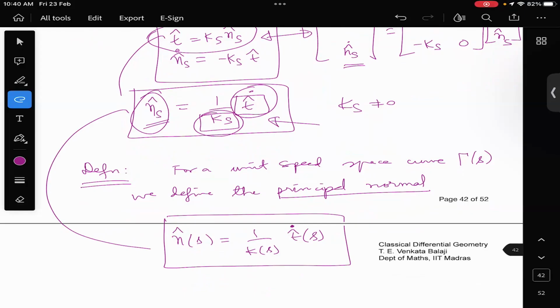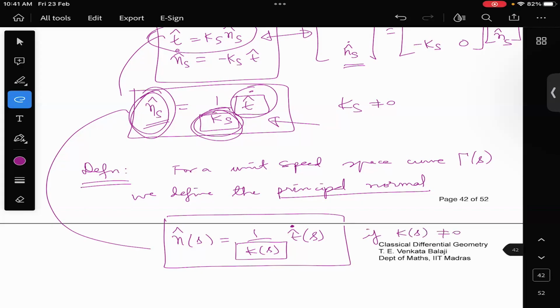Again, let me repeat, in the plane curve case you have n hat subscript S, which is the signed normal, and on the right side you have k_s, which is the signed curvature. When you go to the space curve case, you forget the sign, you take only absolute curvature. k(s) is the absolute curvature, it is always greater than or equal to 0. Because I am dividing by k(s), I have to also put the condition that the curvature is not 0.